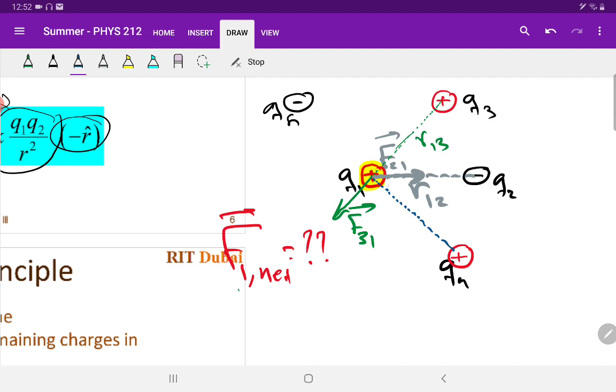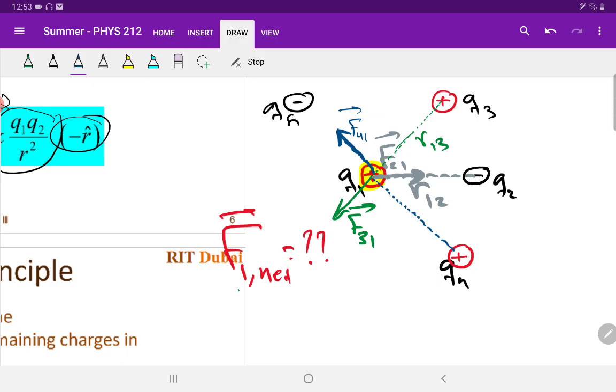I know the force between Q1 and Q4 will be parallel to that line. Since this is positive and this is positive, this force will be a repulsive force. So I expect the force F41 to be in this direction. This is the third force, describing the force between 1 and 4.